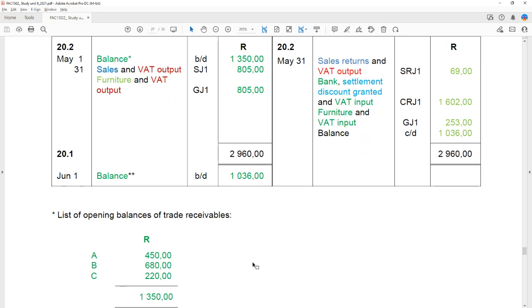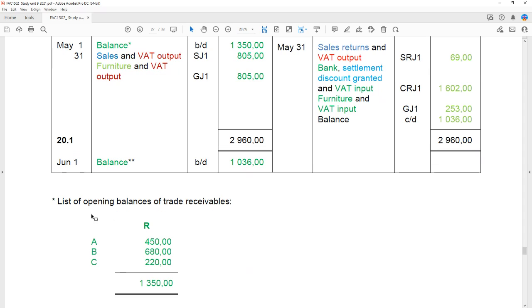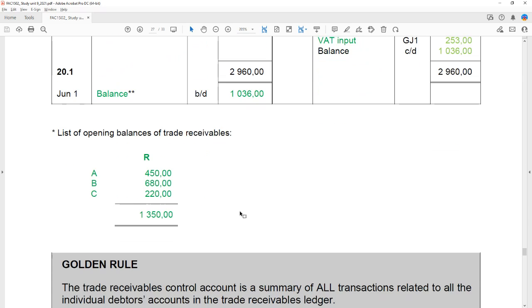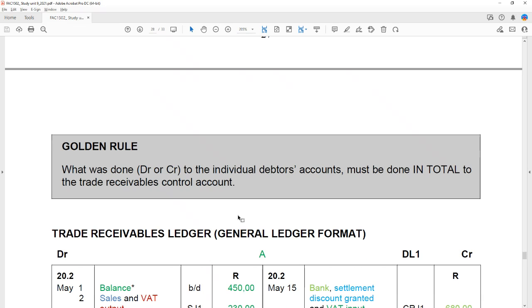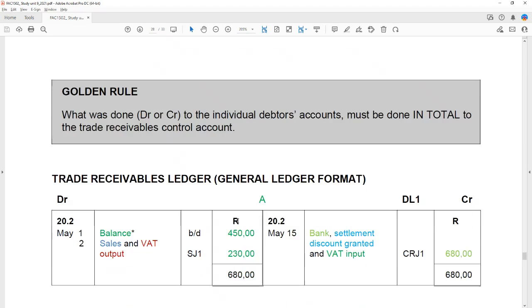Now, if we then check our list of opening balances, that was the 450, the 680, and the 220. That gave us the 1,350. We must now look at the individual ledger accounts for the debtors in the trade receivables ledger.